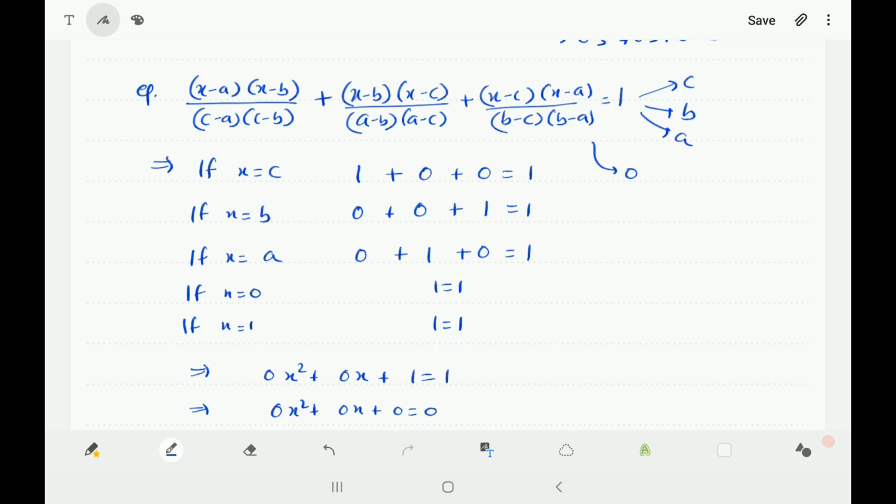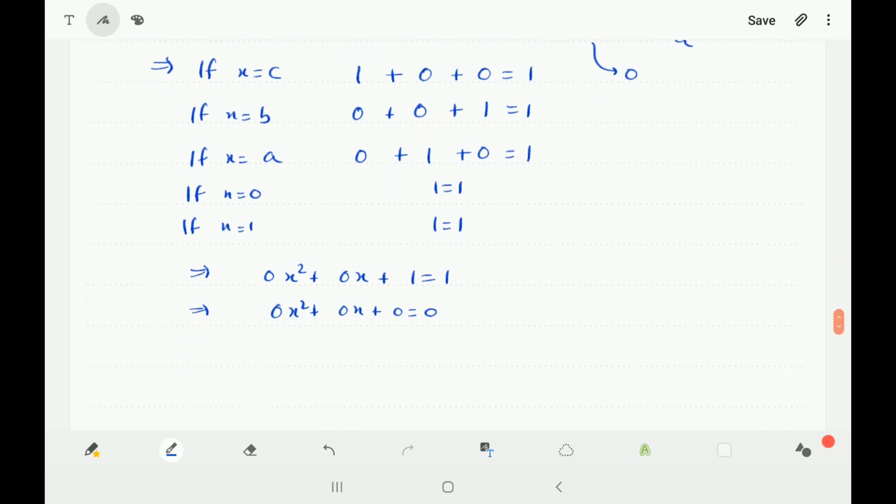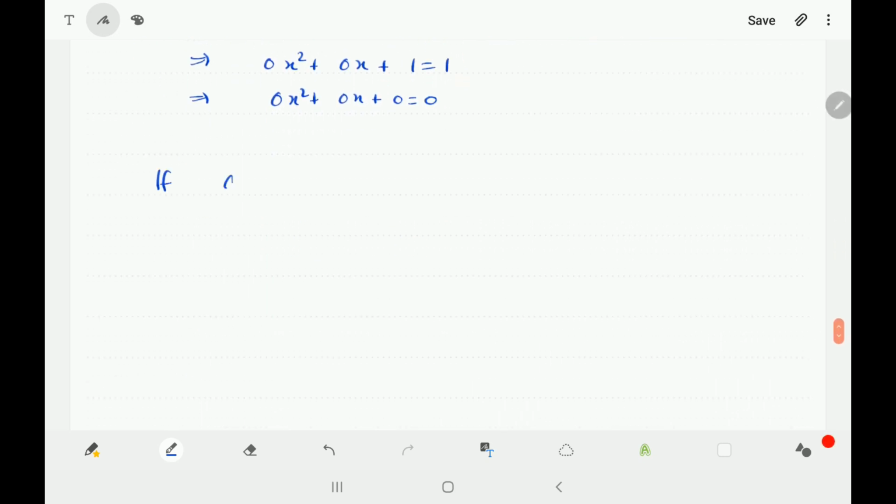So in any quadratic equation, if you find more than 2 roots, then it will be an identity in x, and it will be of the form 0x² + 0x + 0 = 0. Similarly, if I have a cubic equation, ax³ + bx² + cx + d = 0, and you found 4 roots for this particular cubic equation, then definitely, because it can have a maximum of 3 roots and you have already found 4 roots, this will be an identity in x.